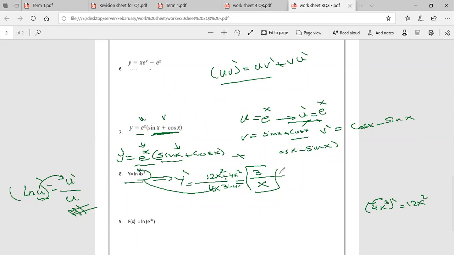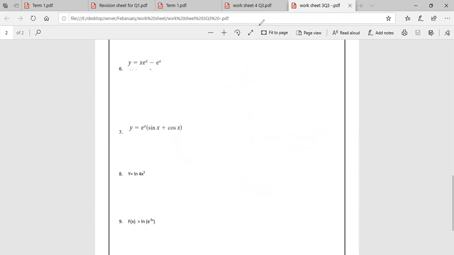Okay. Look here, before I solve the next problem, you have to remember some properties of what? The natural logarithmic function. Look here. I drop this one first, and I write all of these rules.